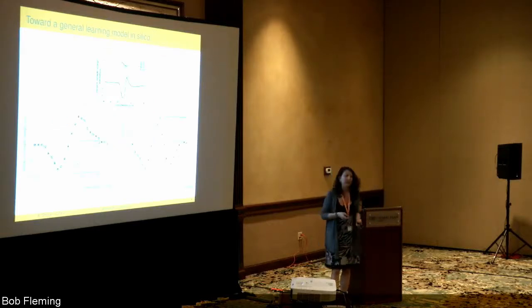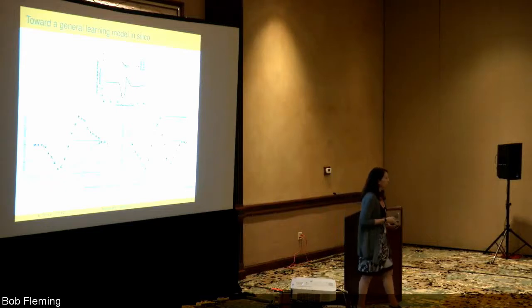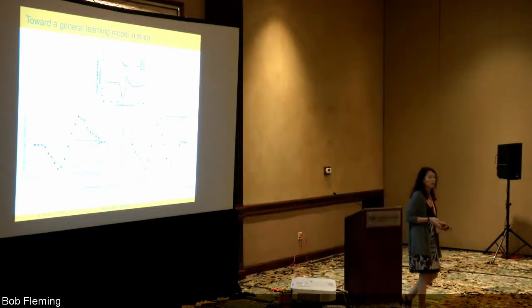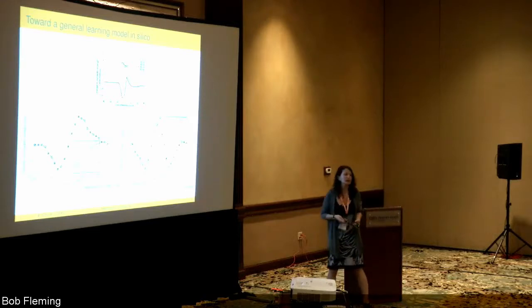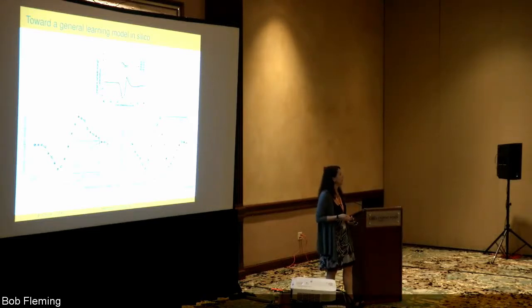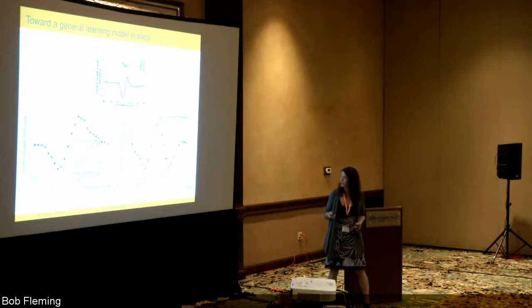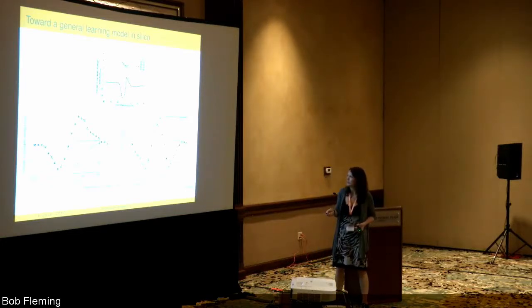And this is data from a silicon chip implementing this kind of model. This is just to show you that we can reproduce the observations of the model on silicon. So these are 2 representative examples. Here you see the classical STDP: negative change in weight for post before pre, and positive change in weight for pre before post. And here you see the frequency dependency.